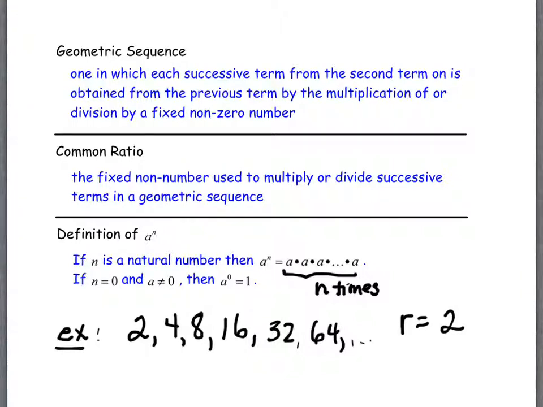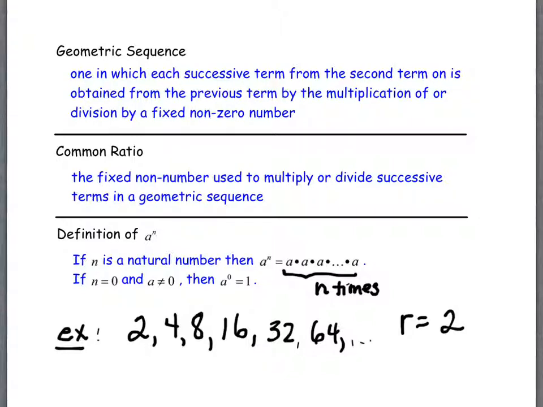If n is 0 and your a value is not 0, then a raised to the 0 power is 1. For the moment, we'll take that by definition. In Math 2, we actually show why that works and why that's true. And we'll talk more about this idea of exponents, a to the n rather, when we get into chapter 3, I think it is, as well.